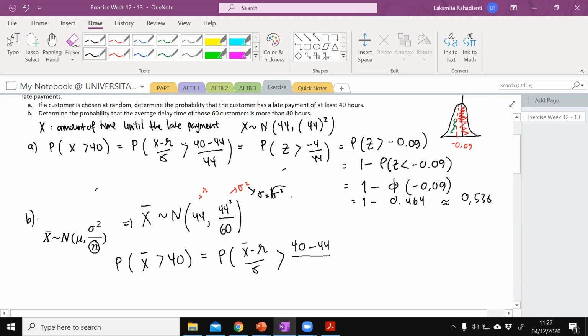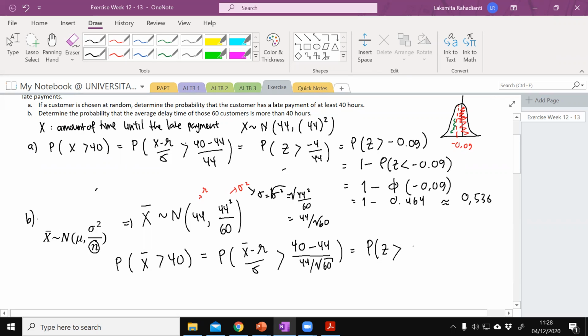So if I square root 44 squared over 60, the top part is still 44, but the bottom part is that. So in other words, I need to divide it with this new standard deviation. And thus I will obtain P of Z being more than -4 over this equation here.